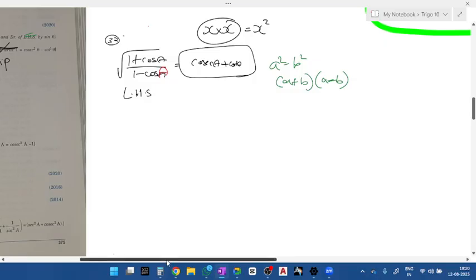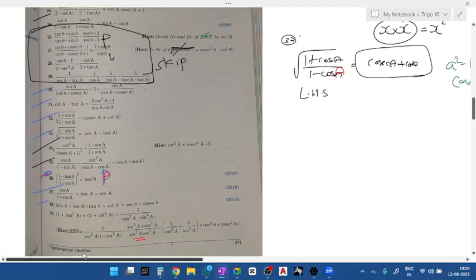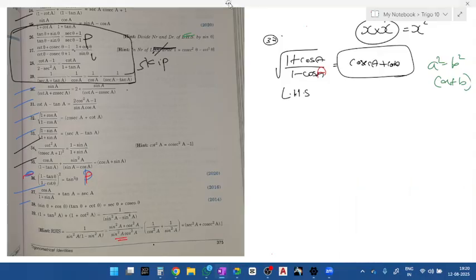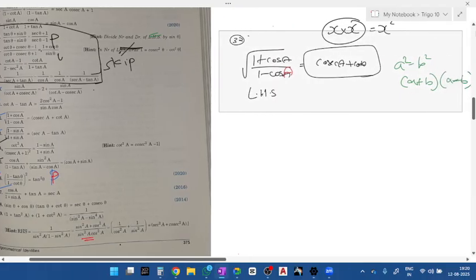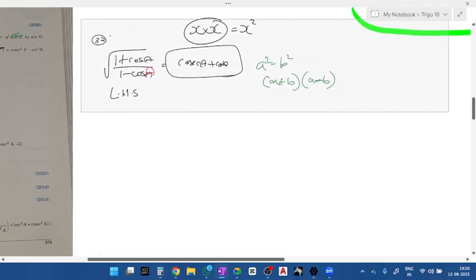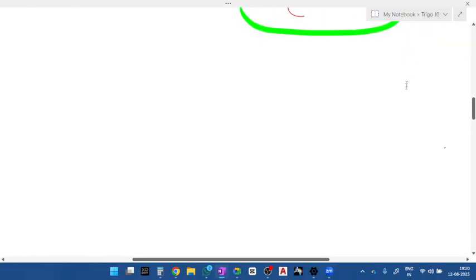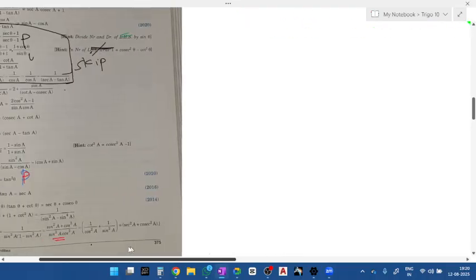Completed? Did you all understand how to solve? Shall we try the next one?